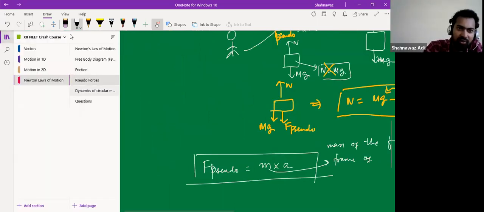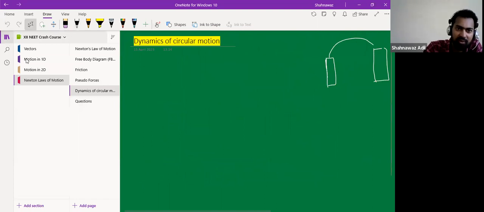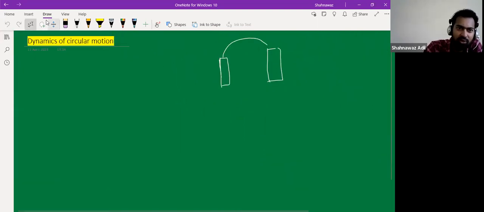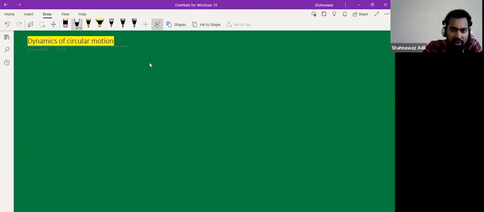So the next topic is the dynamics of circular motion. As you have already studied, there are physical quantities analogous in linear and angular motion.